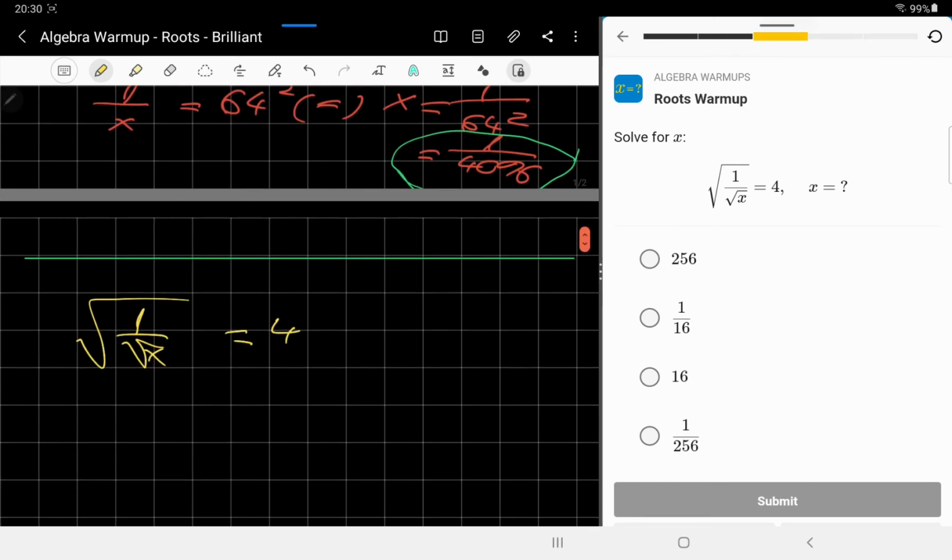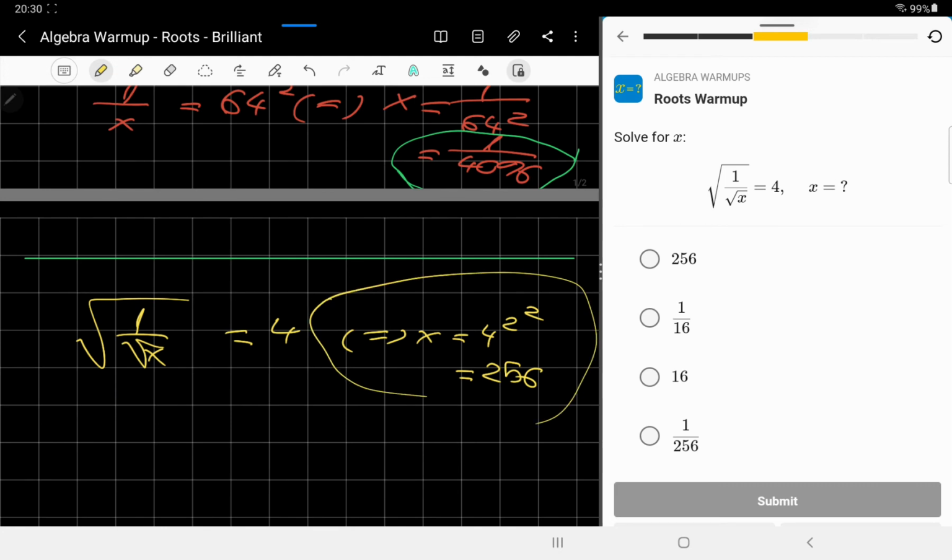Here we could simply say x would be 4 to the power of 2 to the power of 2, 4 to the power of 4, which is 256, so 1 over 256.